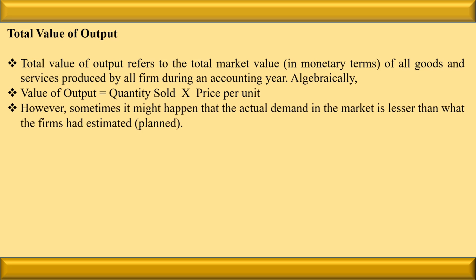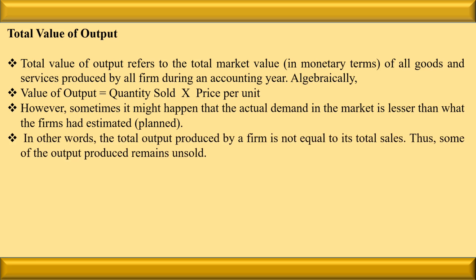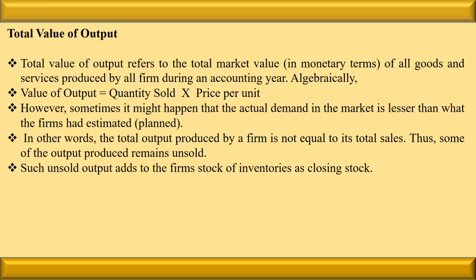Sometimes it might happen that the actual demand in the market is less than what the firm has estimated. In other words, sometimes the sale is less than what we had expected. Then some of the output produced remains unsold. Such unsold output is added to the firm's stock, which is called closing stock.